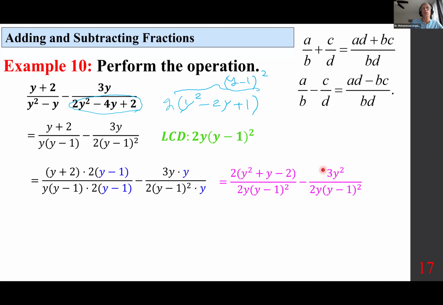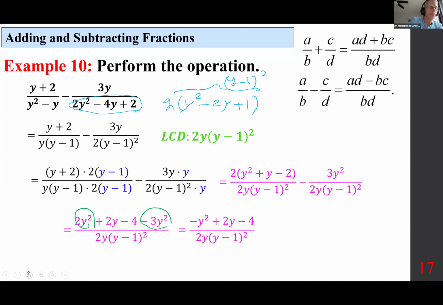And then this one, minus 3y squared, and combine these two because they are like terms into negative y squared, and we repeat the rest of it. Therefore, we end up with negative y squared, 2y minus 4 don't go anywhere, and the denominator remains. And that's the final answer.